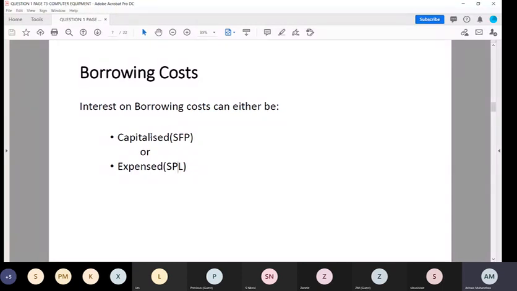So whenever you receive information talking about borrowing cost, first things first, you need to understand how the company was treating interest. The first question we ask ourselves: were they capitalizing it or expensing it? It has an impact. If they move from capitalizing to expensing, or from expensing to capitalizing, it has an impact on our financials.